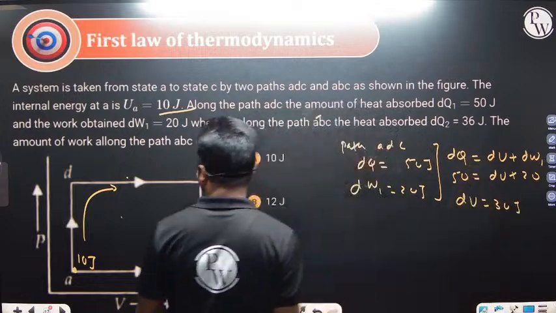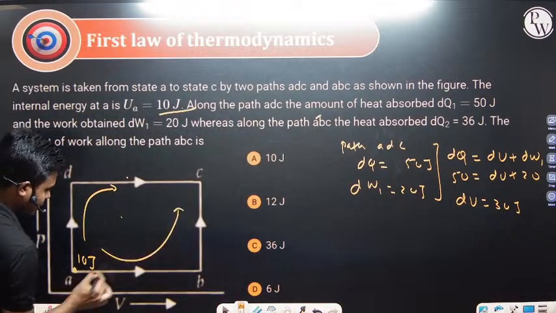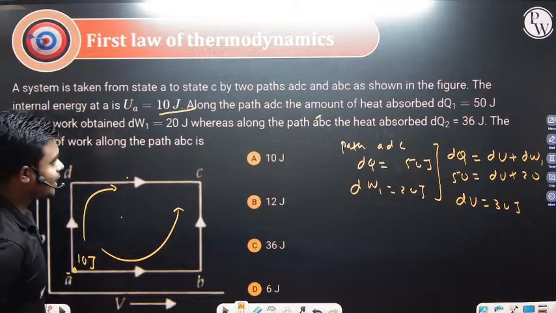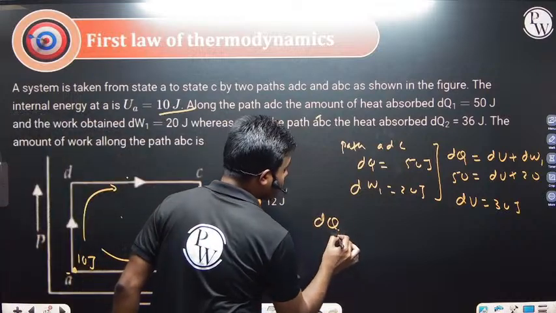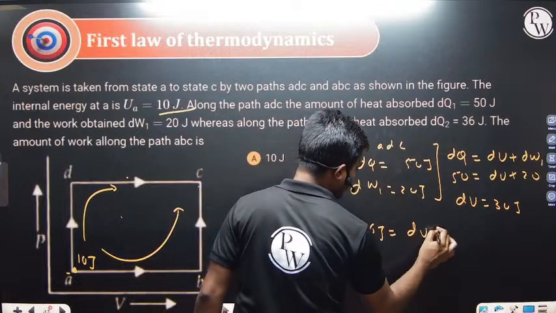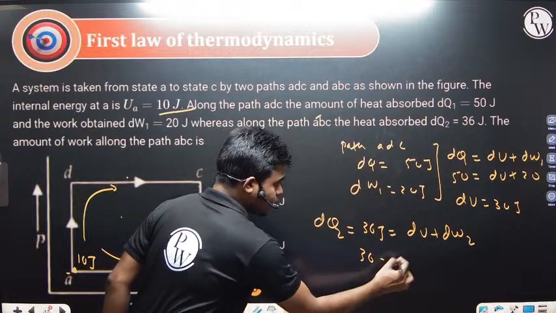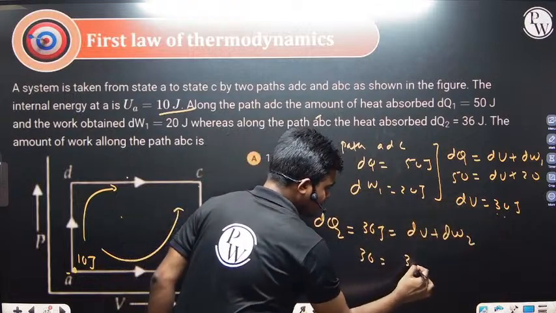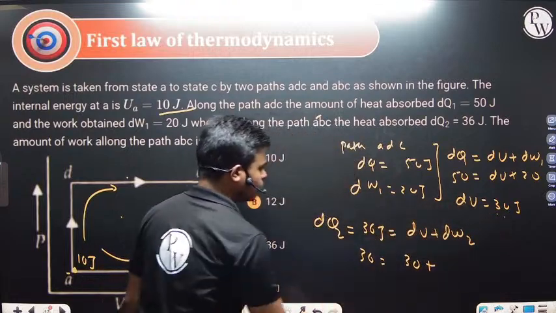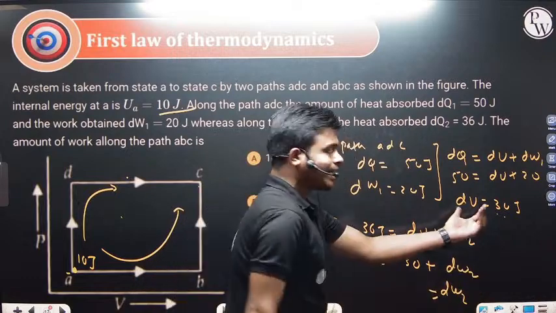Right. So let's talk about the second path, along the path ABC. The heat absorbed dQ2 is 36 joule. So we can write this as dU plus dW2. So 36 equals 30 plus dW2. The change in internal energy will be the same.